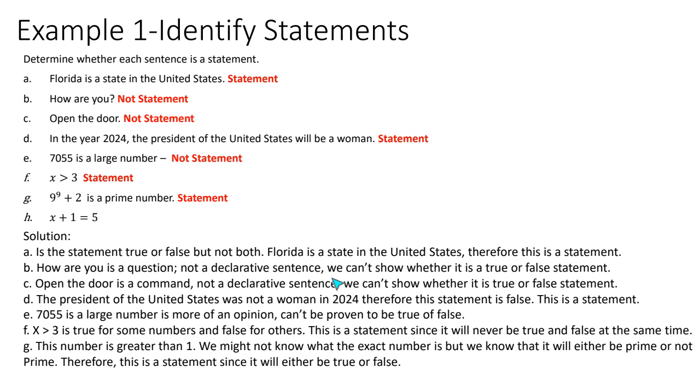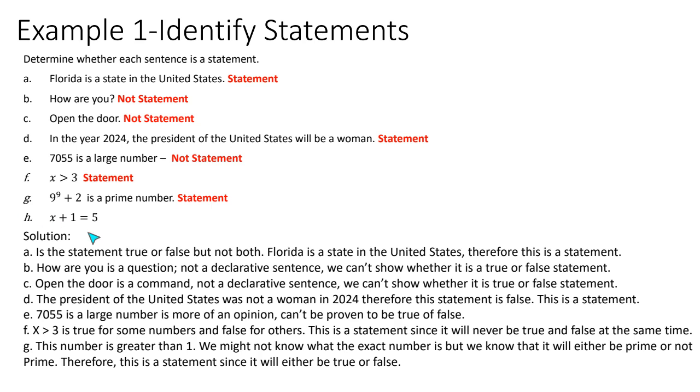For h, we have x plus 1 is equal to 5. So for x here, depending on the value of x, I can say that it's a true statement or a false statement. For example, if x is 4, 4 plus 1 is equal to 5, that is true. But if x is 3, 3 plus 1 does not equal 5. That is false.